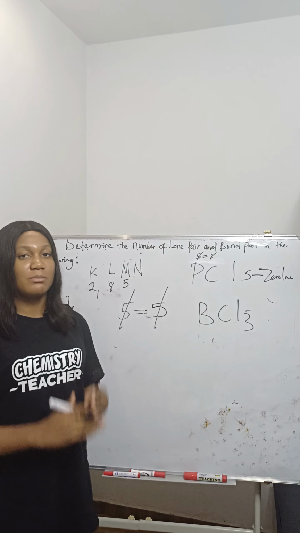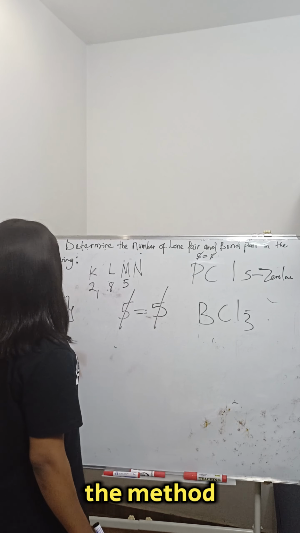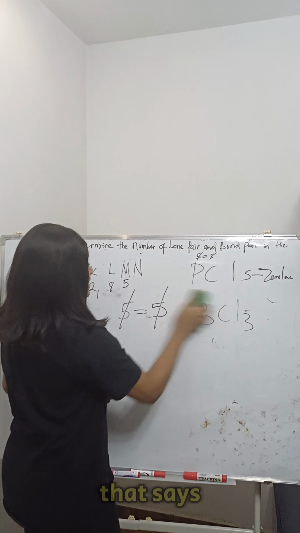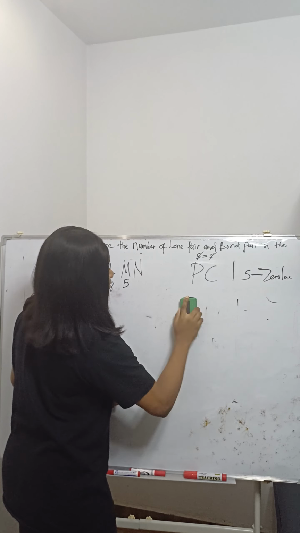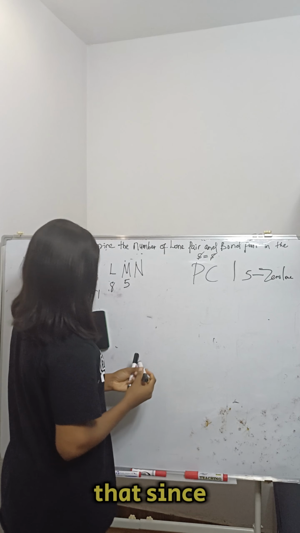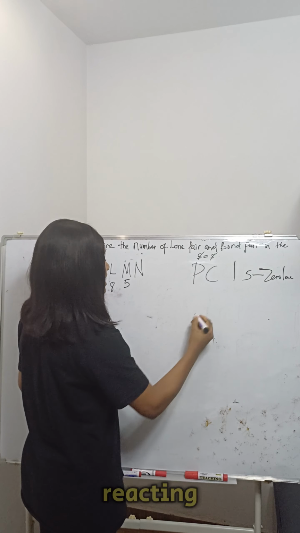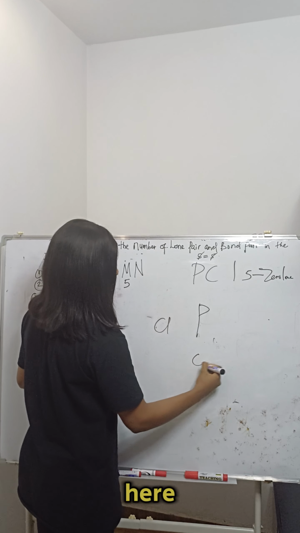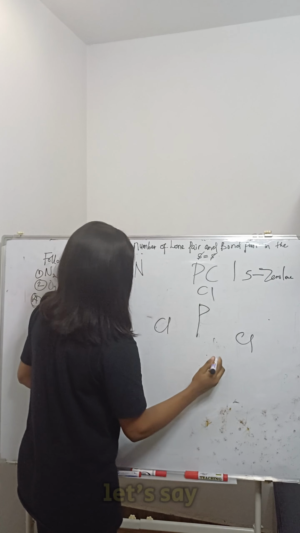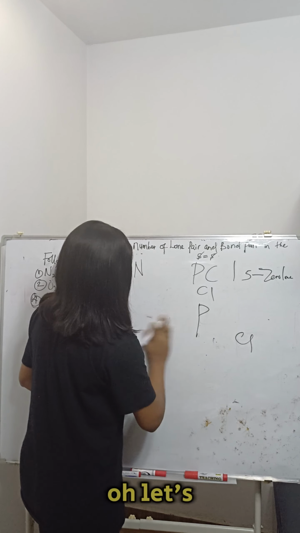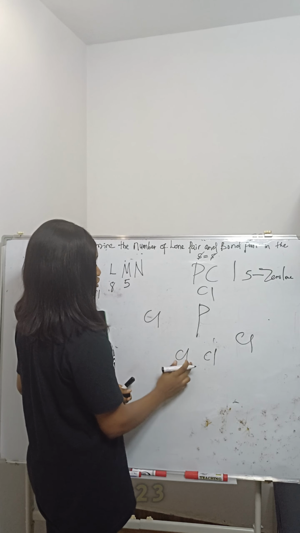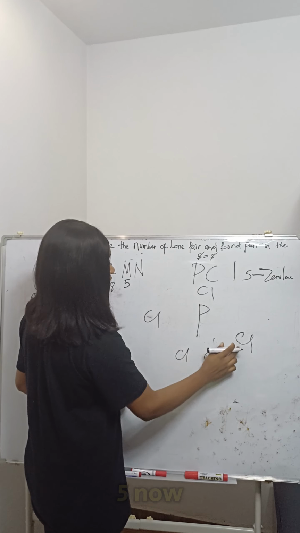But if you want to calculate the bonding pair, you can still use the method that we have been using. Since this has 5, it's going to be the middle guy. Let's put chlorine here, here, here, here, and here: 1, 2, 3, 4, 5.